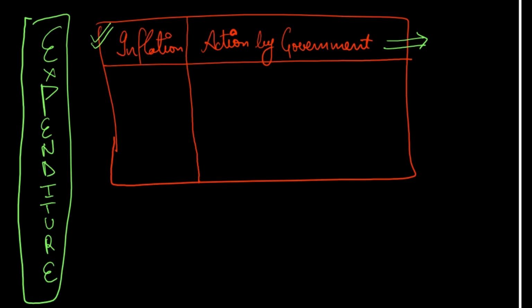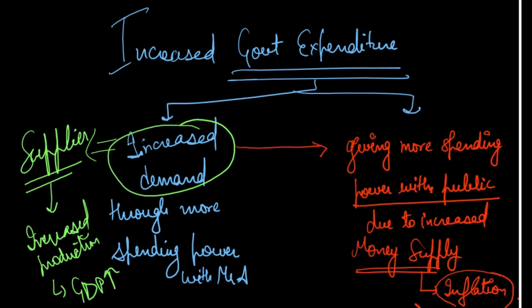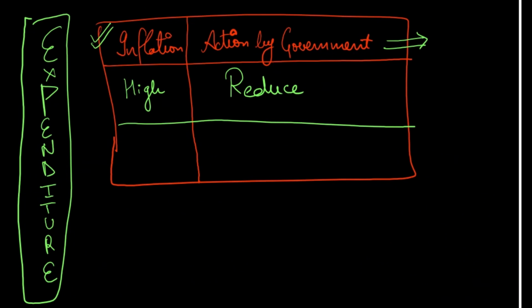If, for example, there is high inflation in the market, then what should government do? Government needs to reduce its expenditure. As we have seen, if government has increased the expenditure, it will result in increased inflation. So if there is high inflation, government should reduce its expenditure. If there is low inflation, then government should increase its expenditure.